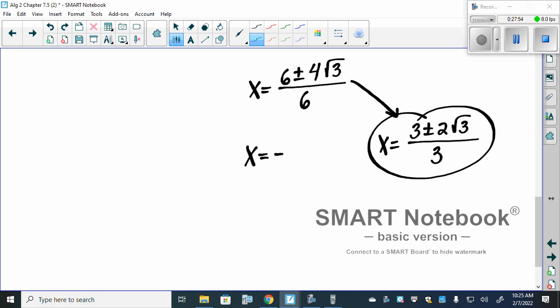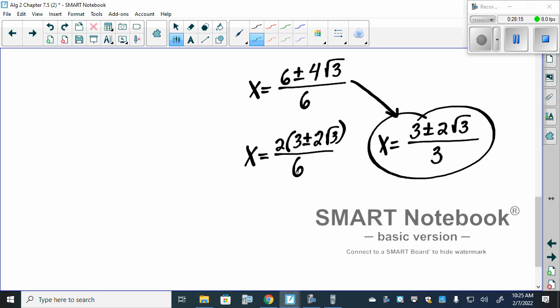Now the real way we're getting to that is we factor a 2 out of the numerator, which leaves us with 3 plus or minus 2 square root of 3 all over 6. 2 divided by 6 reduces to 1/3, and we're left with our answer here.